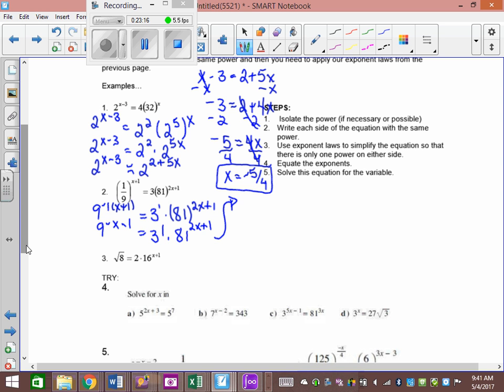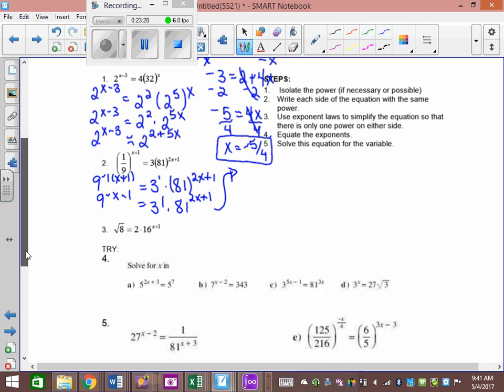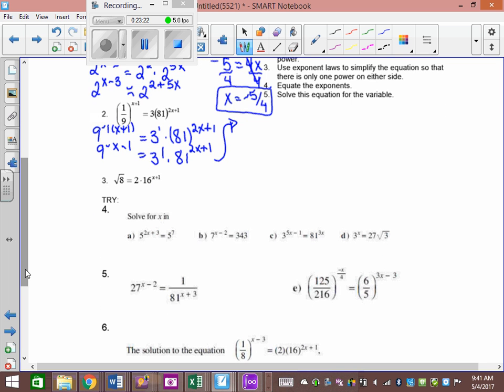What base can I make them all be? 3. So 9 is 3 squared, to the negative x minus 1, equals 3 to the 1. Please make sure you put 3 to the 1.